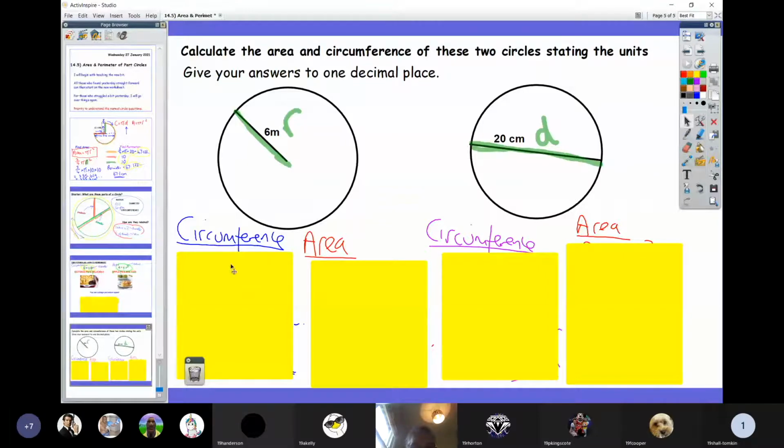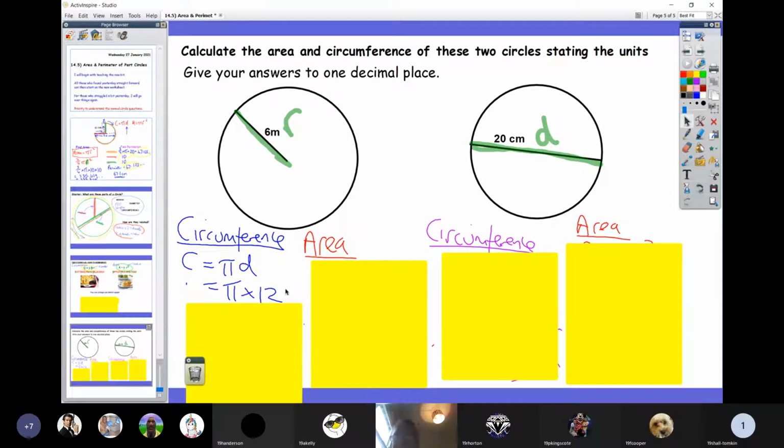So starting with the question on the left, to work out the circumference, you start by writing down the circumference formula, cottage pie is delicious. All right, so the circumference equals pi times the diameter. Now with this one, we've been given the radius, but we need the diameter. So we need to double that 6 to get 12. Okay, so the circumference equals pi times 12. The diameter for the first circle is 12.